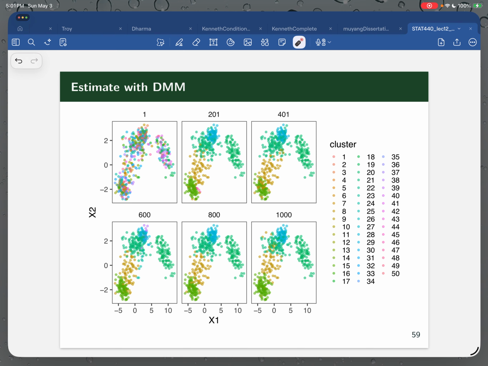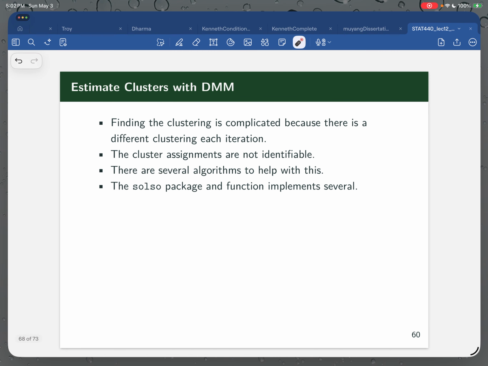But you're seeing some of the points change cluster assignments, and that's just going to continue to happen over the course of the MCMC. So what can you do about it?